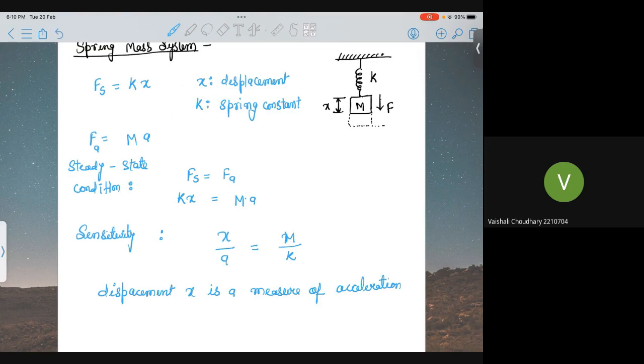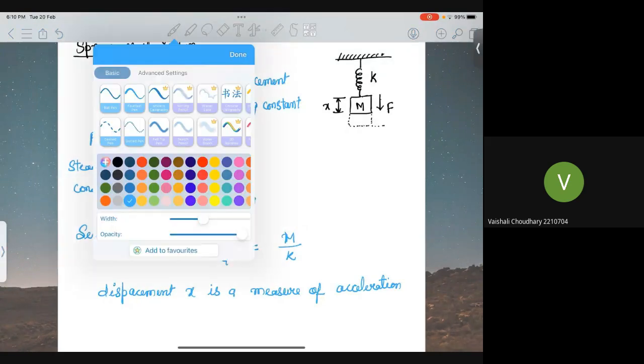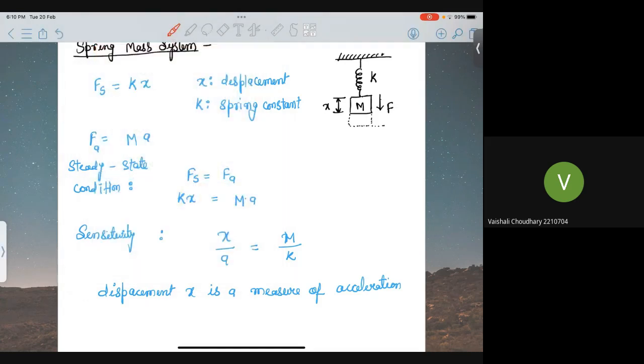If you are given a spring mass system having a value of m and applied force F Newton, you can calculate the sensitivity of the system using this formula, right?